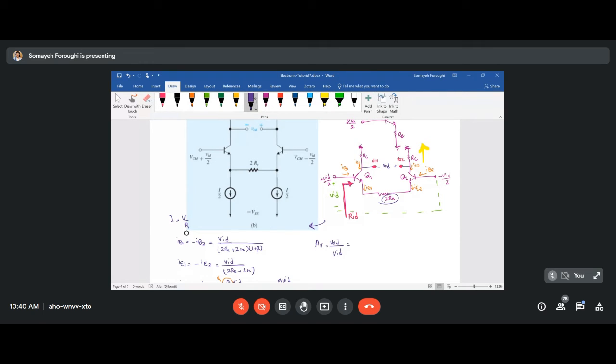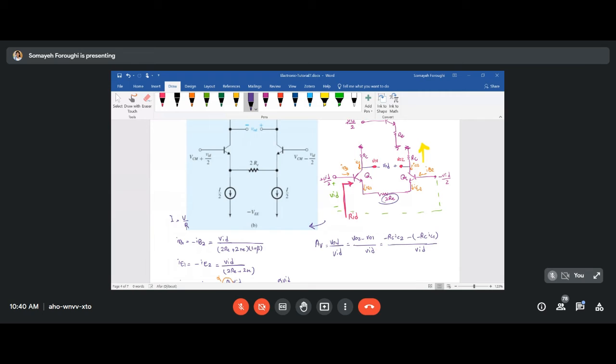So simply you can say it is VO2 minus VO1 over VID, which is negative RC IC2 minus negative RC IC1 over VID.